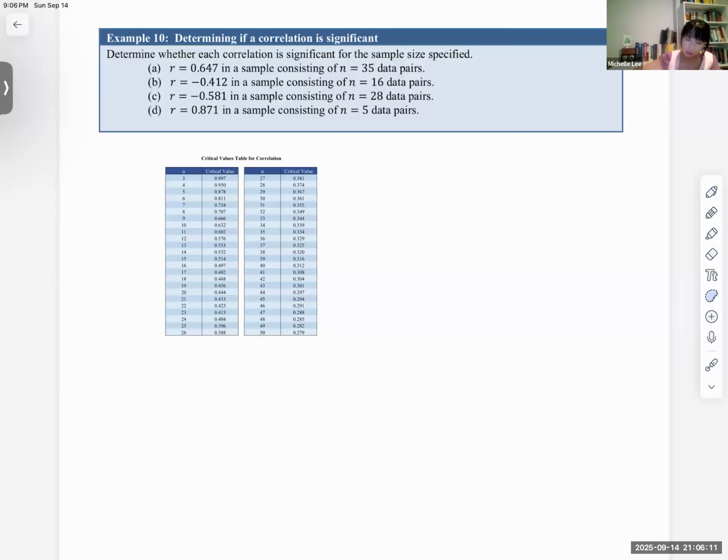So first one, second one, and then you try two, and then I want to make one more: A, B, C, D, E. You try two, and let us do A, B, E. For E, R equal to 0.512 in a sample consisting of n equal to 51 data pairs.